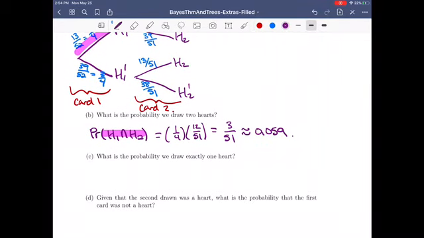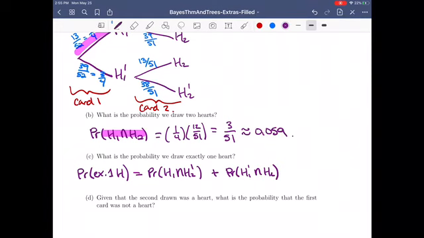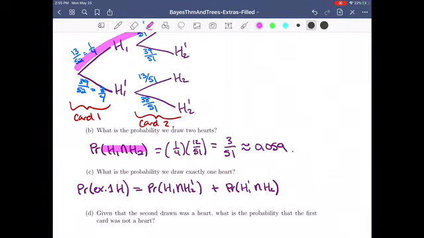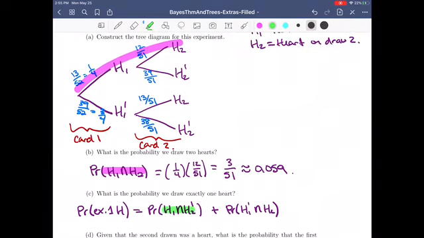What if we want the probability we get exactly 1 heart? That means we either got a heart on the first card and then didn't get a heart on the second card, or we did not get a heart on the first card, but we did get a heart on the second card. Let's highlight these. H1 intersect H2 complement means we did get a heart, but then we did not get a heart. H1 complement intersect H2 means we did not get a heart, but then we did get a heart.